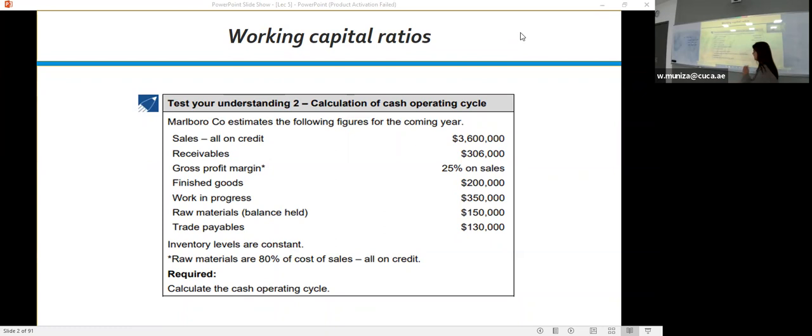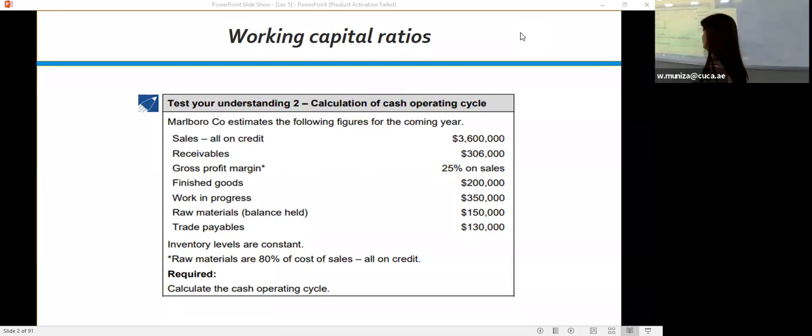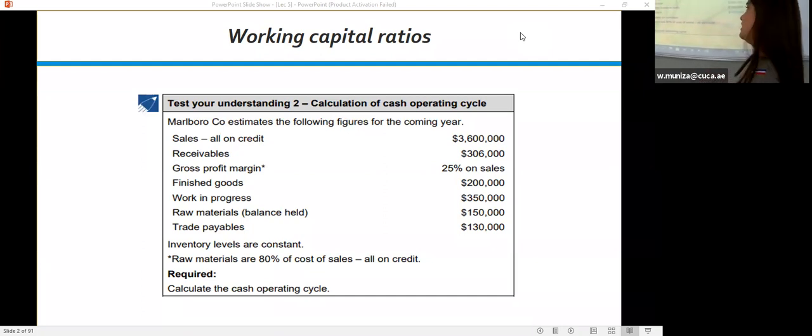Now in this question, we are required to calculate the cash operating cycle. They say Marlboro Company estimates the following figures for the coming year: sales, receivables, gross profit margin, finished goods, work in progress, raw materials, trade payables. Inventory levels are constant, raw materials are 80% of the cost of sales, and all are on credit.